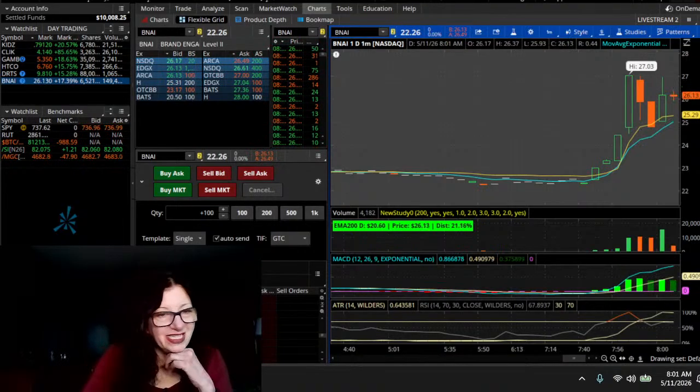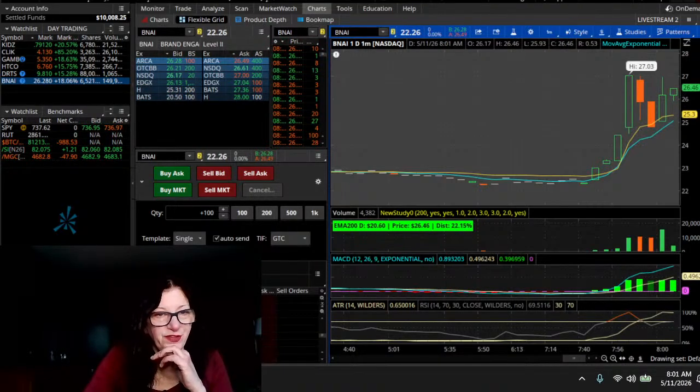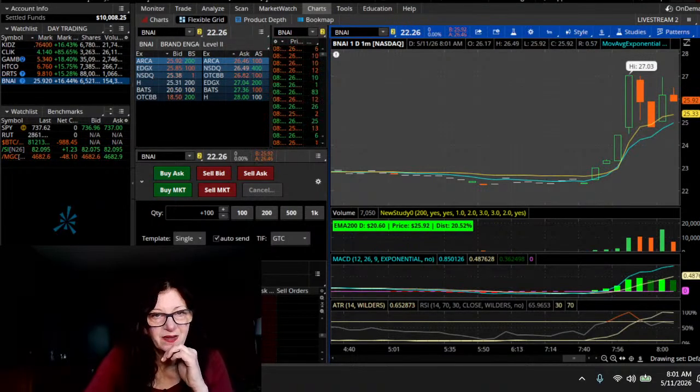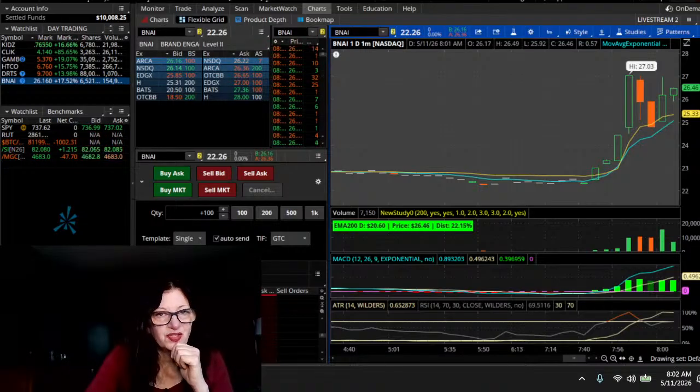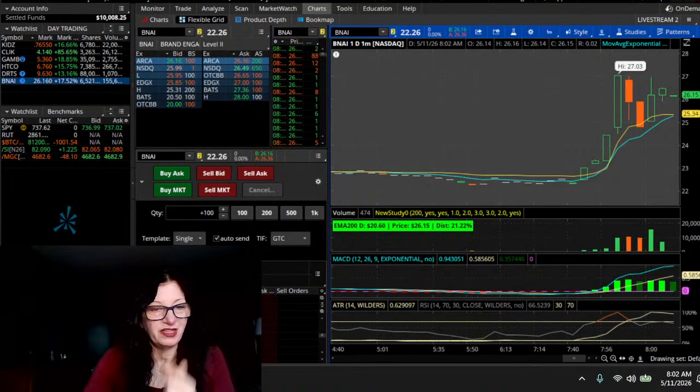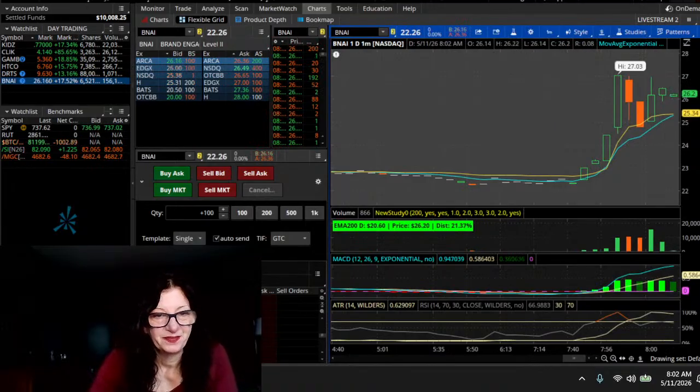Yeah, so the ABCD pattern, I think one of the reasons I'm confused is because some charts just look different on different charts.